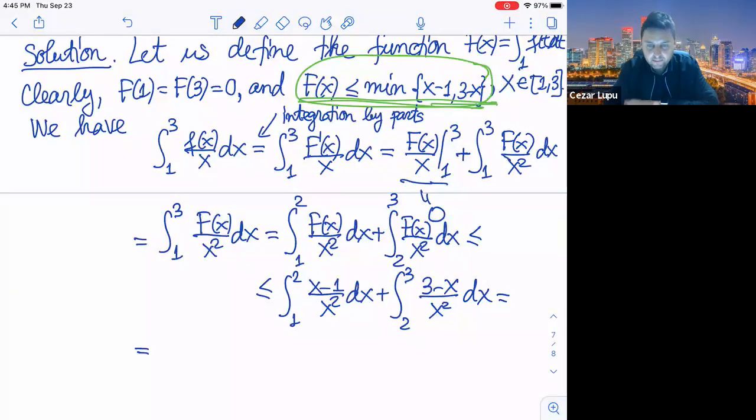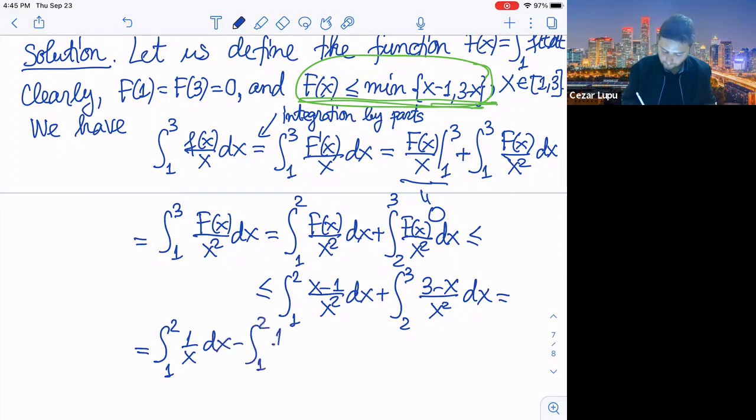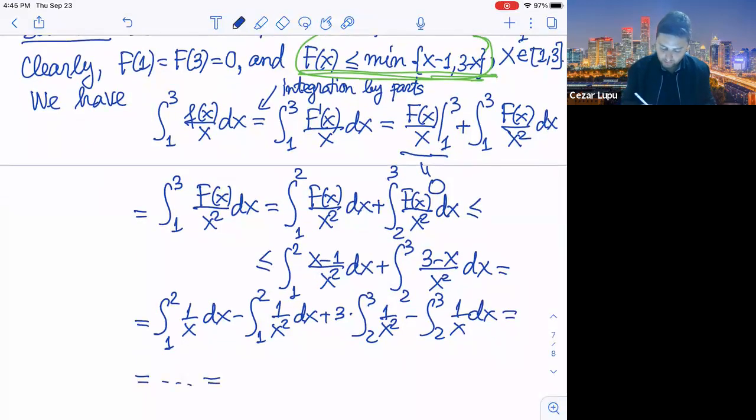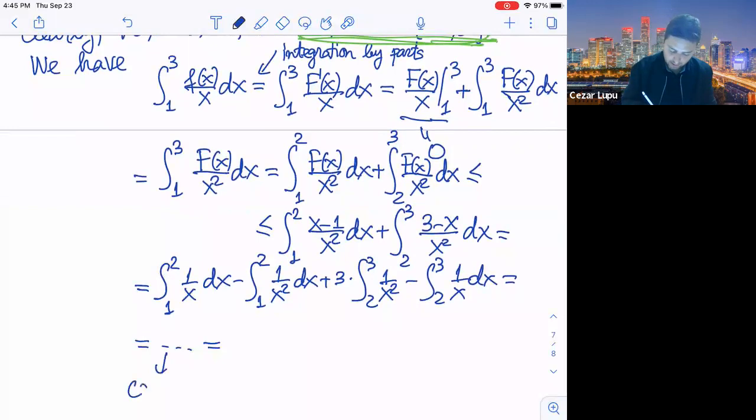So this would be the integral from 1 to 2, plus the second integral. What you can see here, we have some natural log. And in the end, if you do the computations, I'll leave this to you as an exercise.